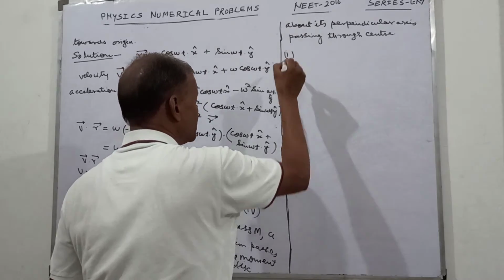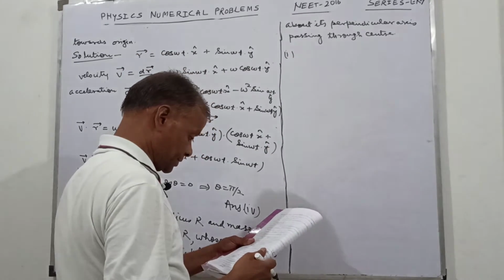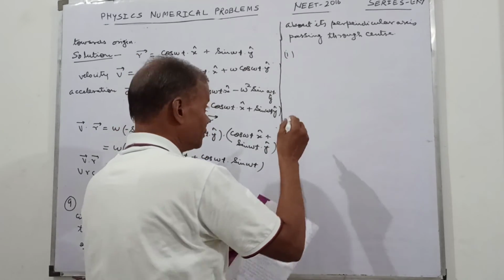Now the options are: first is 9 mr square upon 32.